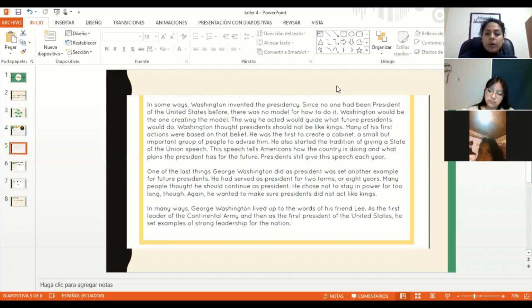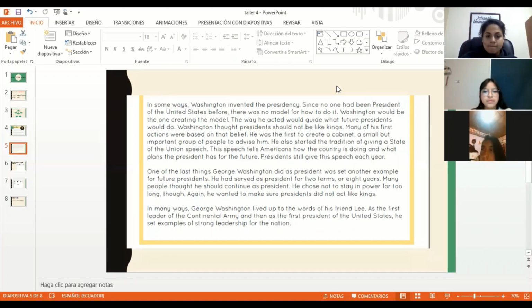Many of his first actions were based on that belief. He was the first to create a cabinet, a small but important group of people to advise him. He also started the tradition of giving a State of the Union speech. This speech tells Americans how the country is doing and what plans the president has for the future. Presidents still give this speech each year. All right, Jamie.